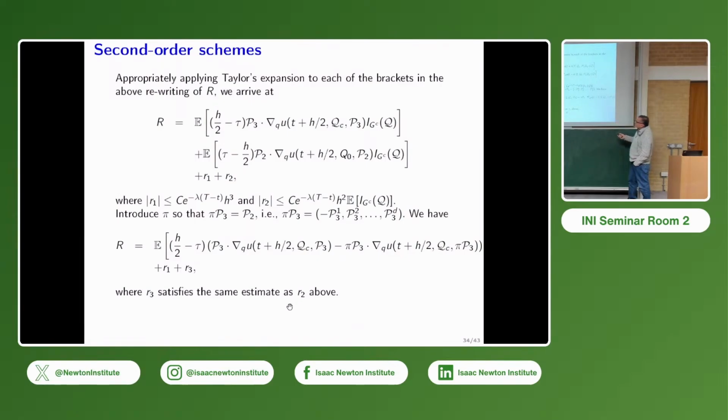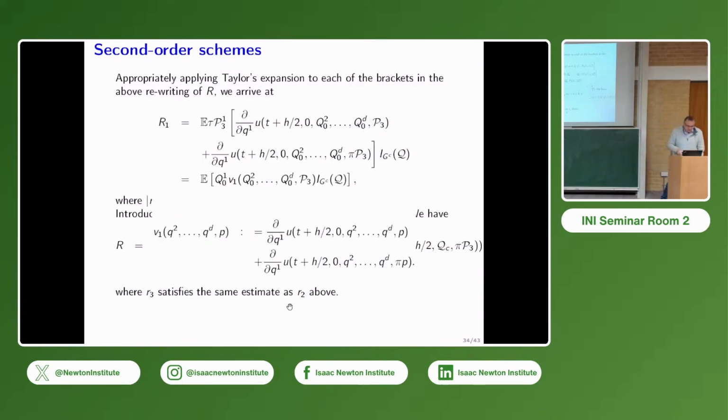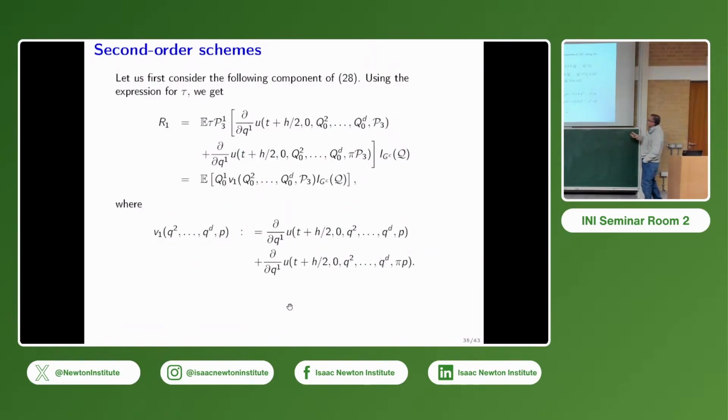Similarly here, other terms can be treated in the same way. And the second term which we'll be looking at is h half multiplied by this expression. So we start with the first one. This is my first term, tau P3. Then I can replace tau P31 with Q01, because this is how tau is computed when we work with half space. And in order not to carry all this long expression, I just denote it as V1.